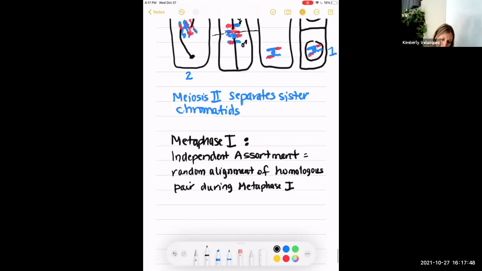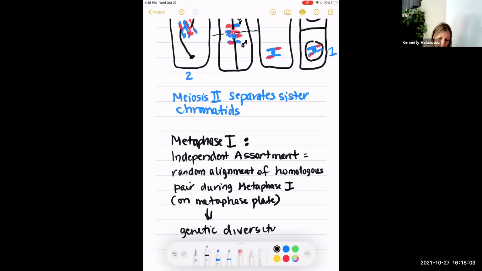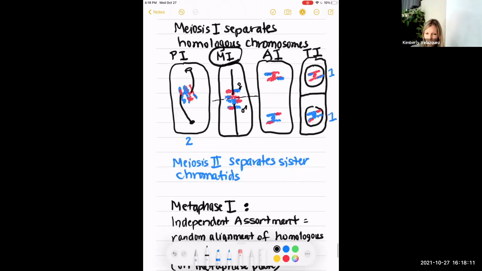And it's random alignment on the metaphase plate. And it leads to genetic diversity because it's going to be different every time how these flip-flop. And that's how you end up with some gametes that have more of mom's DNA and some that have more of dad's DNA, just because of how they flip-flop on that metaphase plate. And that's going to affect the genetics of the offspring.